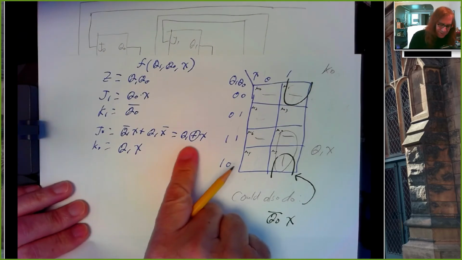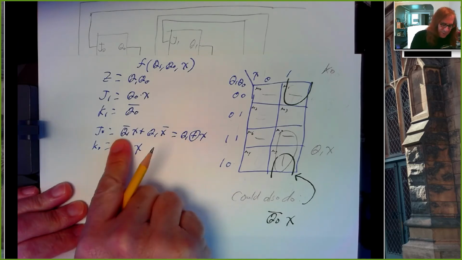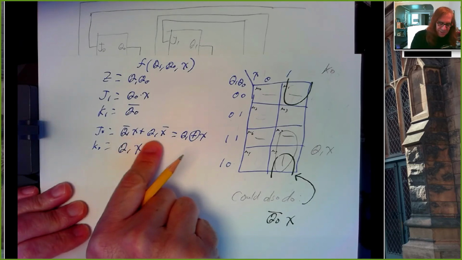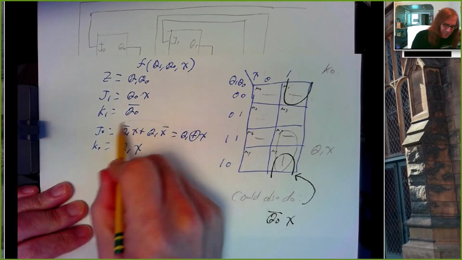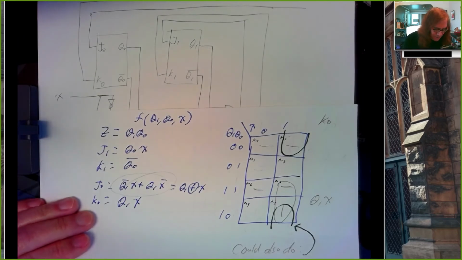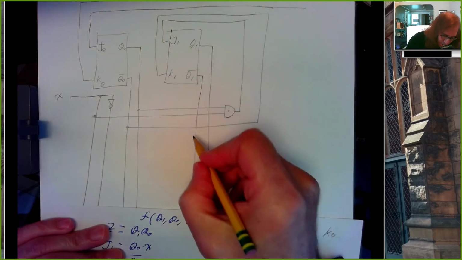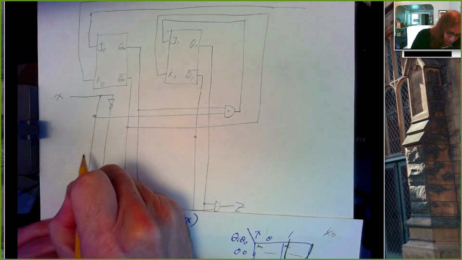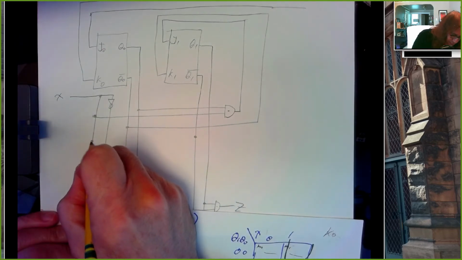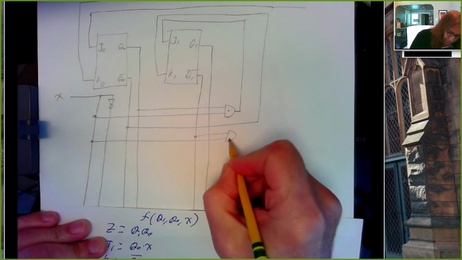Alright, J0 is Q1 XORed with X, or Q1 bar X, or Q1 X bar. Let me do this one just because we're in a groove now, and let's make our circuit look super duper fancy. So we'll do Q1 bar X. So here's Q1 bar, and here's X. And let's AND those together.